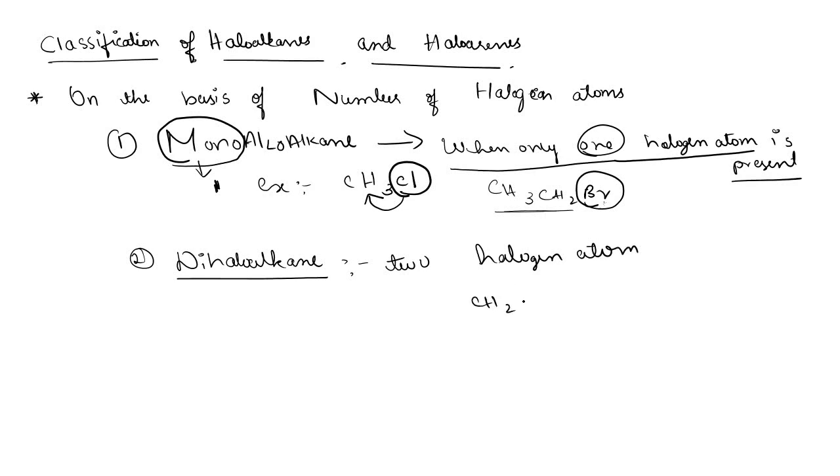When one halogen is attached to one carbon and the other halogen is attached to another carbon, the X is nothing but a halogen, like you can replace it with Cl, Br, anything. So when two halogen atoms are attached to one aliphatic compound, we call it a dihaloalkane. I hope both parts are clear to you all.